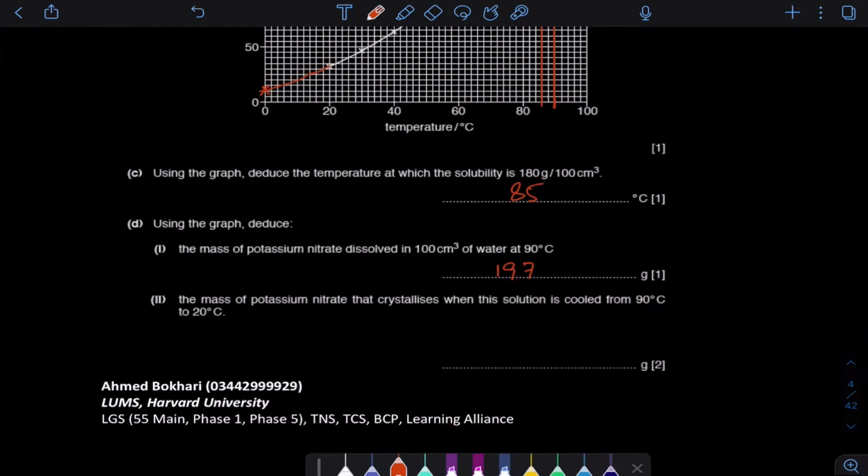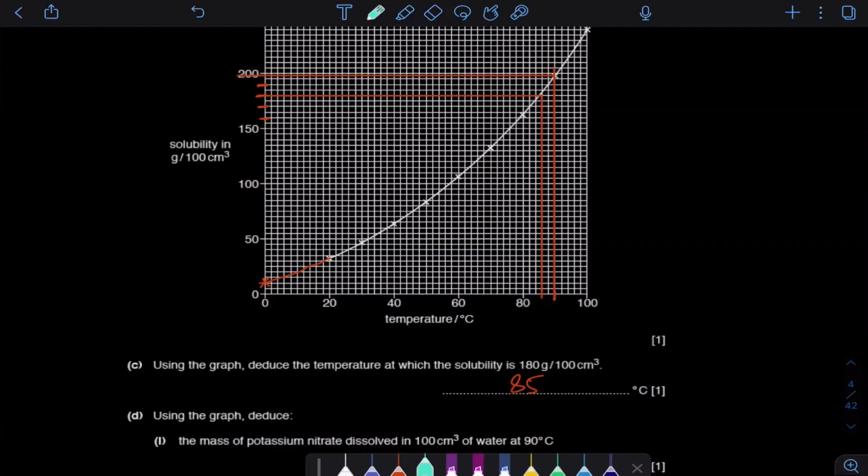Next they ask for the mass of potassium nitrate that crystallizes. What does crystallize mean? Crystallizes means that whenever you cool any solution, the solid that was earlier dissolved is no longer dissolved, it becomes crystal. So let's suppose it was at 90 degrees and I cool it to 40. At 90 the value I calculated is 197, but at 40 the value is 65.